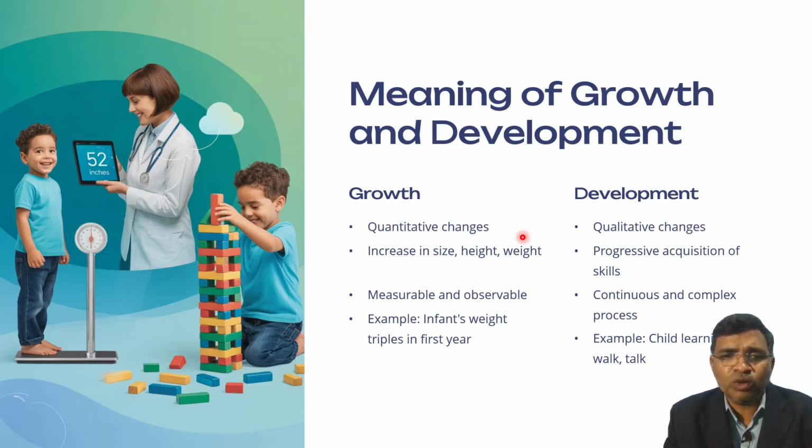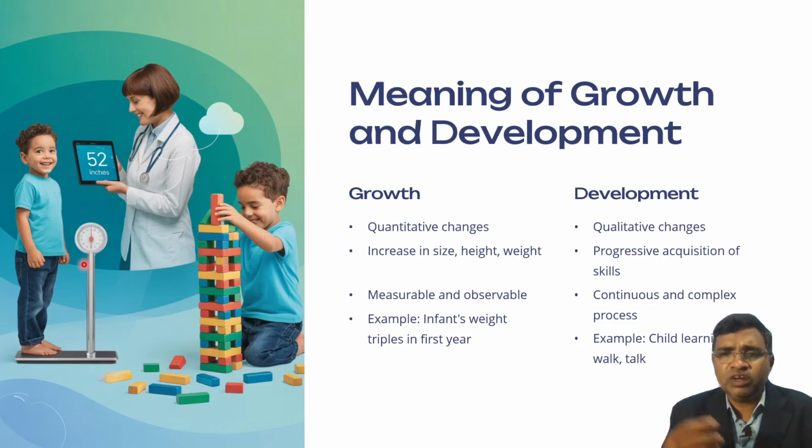Okay, and you can also observe whether it is growing or not. For example, an infant's weight triples in the first year. So here you can check the growth. Here it indicates the growth where we can measure his weight, his height, and size. Okay, it's measurable and you can observe the same.